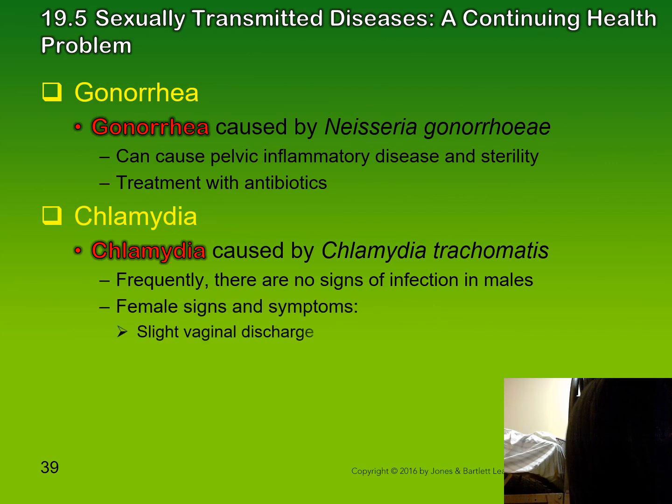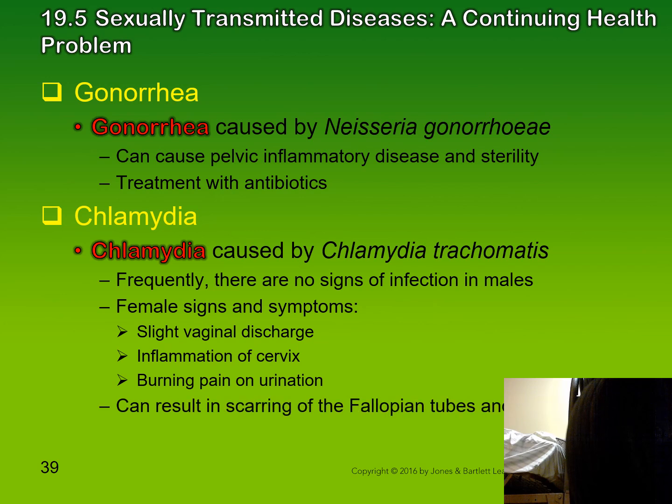Female signs and symptoms: a slight vaginal discharge, inflammation of the cervix, and a burning sensation during urination. And chlamydia can result in the scarring of the fallopian tubes, which can cause sterility.